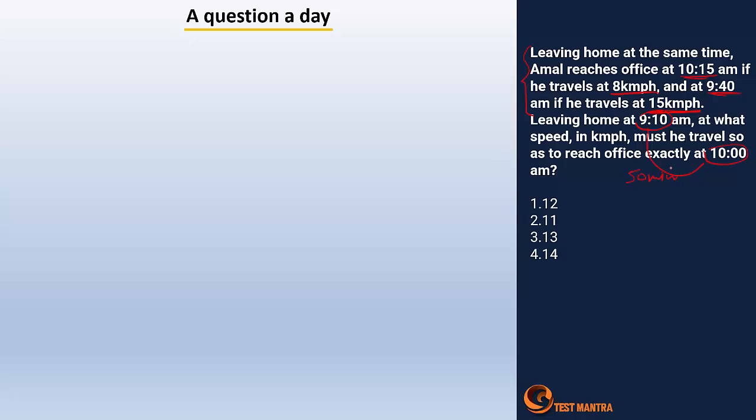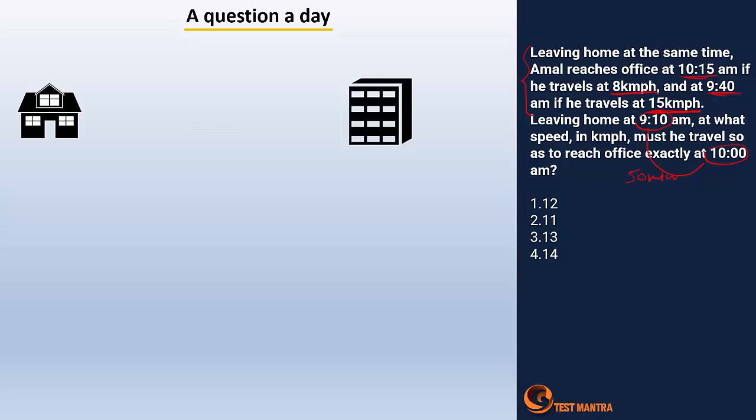Right. So now if I go through the information, let's assume that Amal's home is at this point. He is traveling to his office. If we're dealing with these kinds of situations, where the person is moving with variable speed and the distance is constant, I can always find out the total distance traveled.